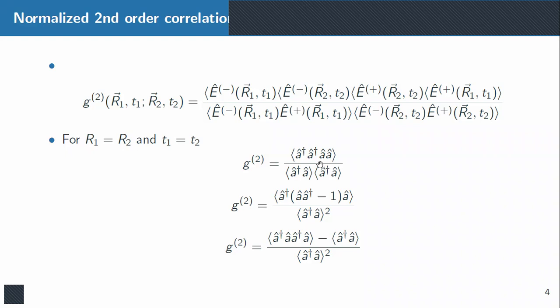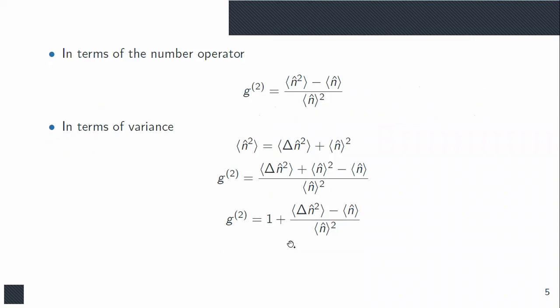We could see that this has some relation with the number operator, and we know that the number operator is just the product of the creation and annihilation operators. Writing the second order correlation function in terms of the number operator, we get this form, and it is much more interesting than the previous one.